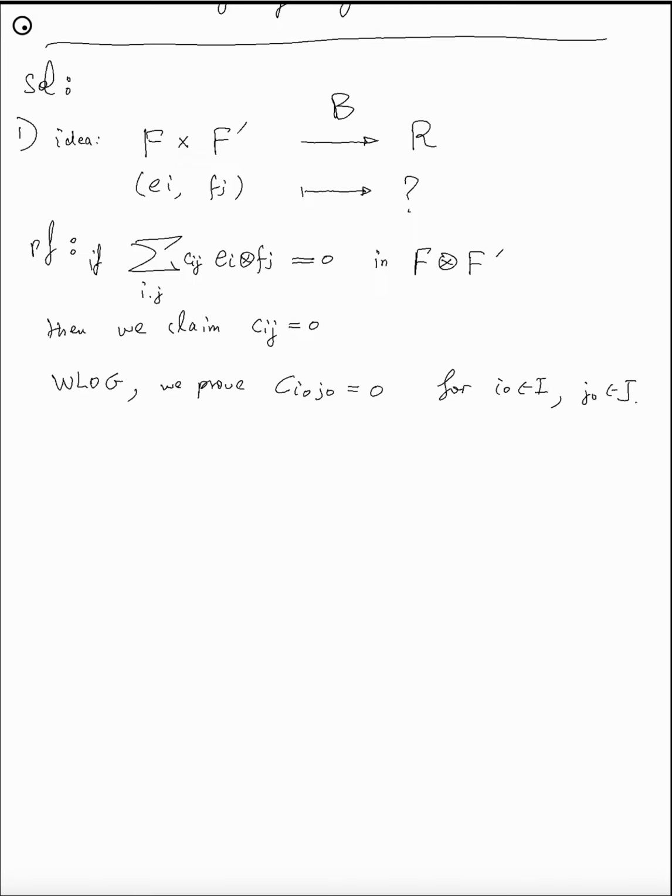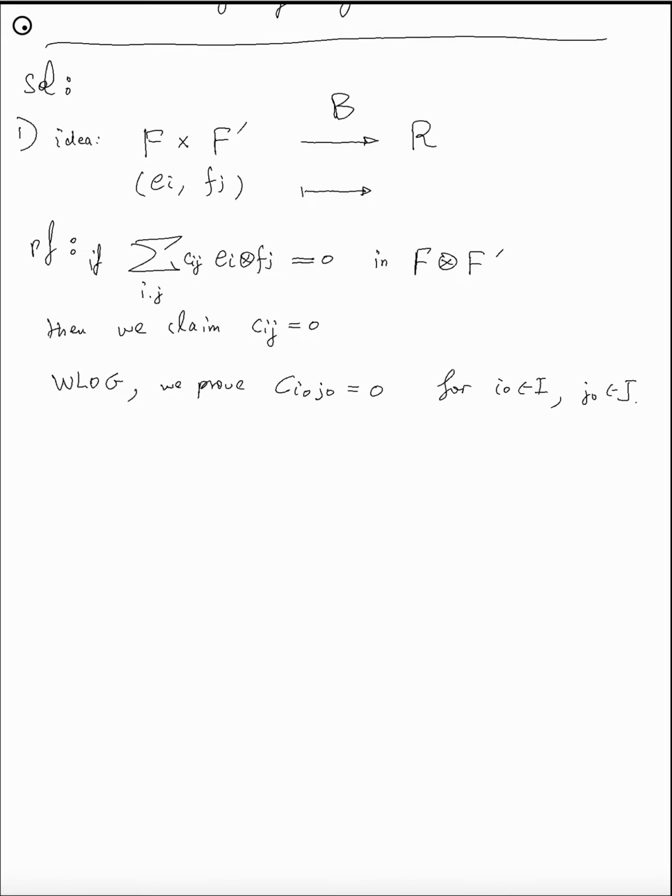Okay, so what do we do? I'm going to come back to construct a bilinear map. I'm saying that I could define this bilinear map very freely, but once I finish defining it, everything is fixed.